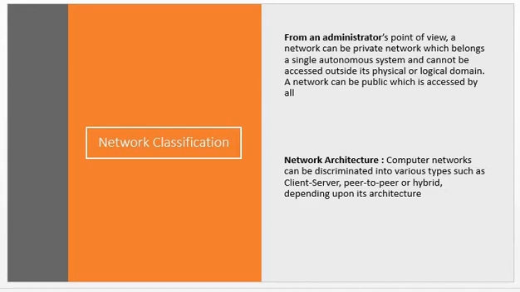A good example of this is the internet. There's no single administrator for the internet, but you have an administrator for a local area network or for a network belonging to an organization.